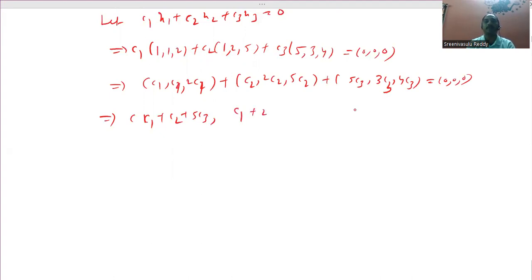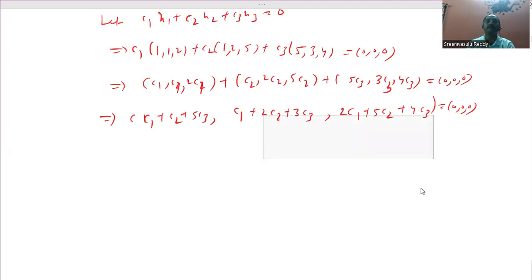Second component, C1 plus 2C2 plus 3C3. Third component, 2C1 plus 5C2 plus 4C3. 0, 0, 0. Equating the corresponding coefficients.